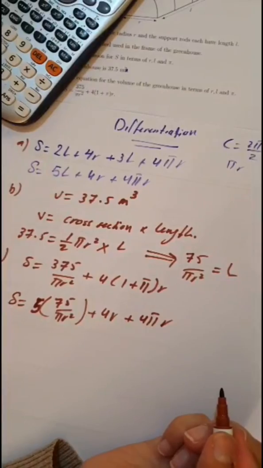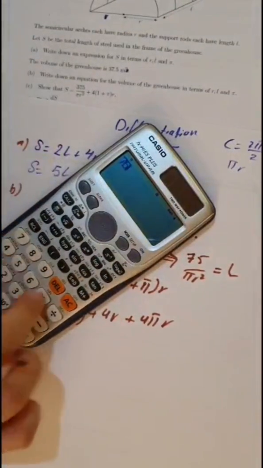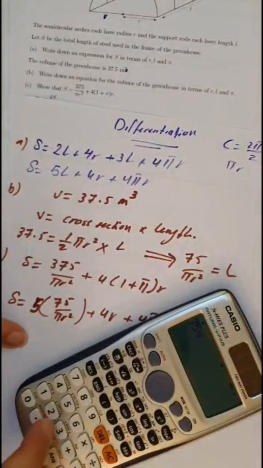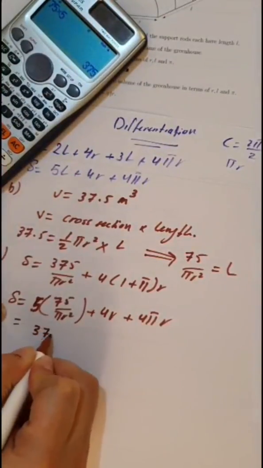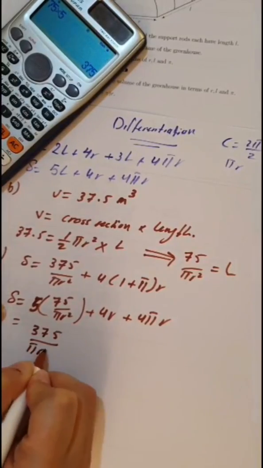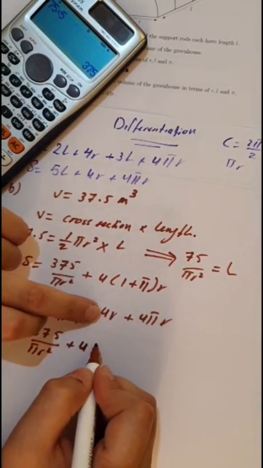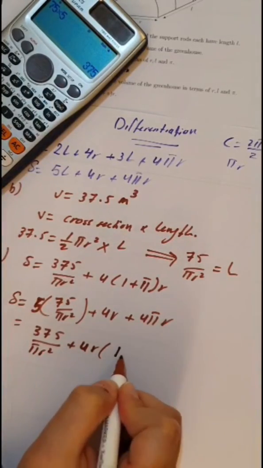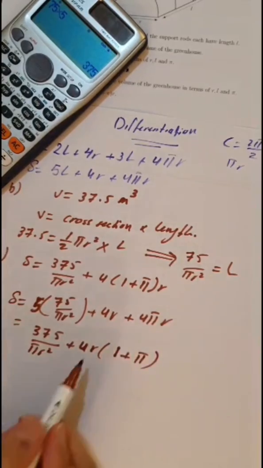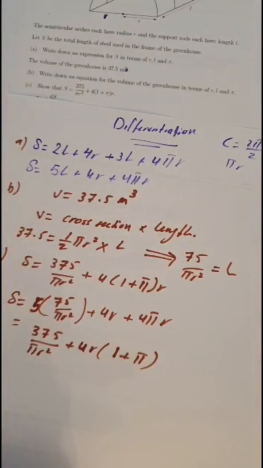And if I simplify it more, I'm going to get 75 multiplied by 5, which is 375, over pi r squared plus 4. I can take it as a common factor here. And also r, I can take it as a common factor and write it 1 plus pi inside the brackets. You can take r to the other side also. Okay, we're done with part C in our question.